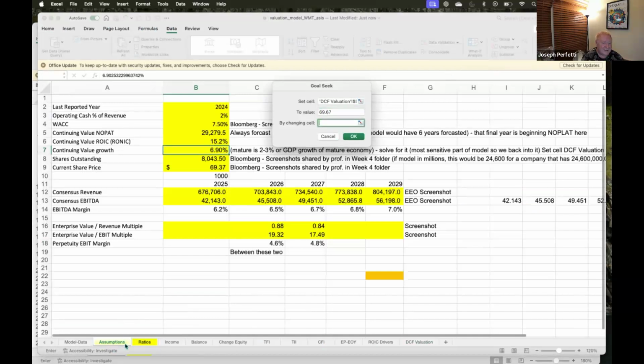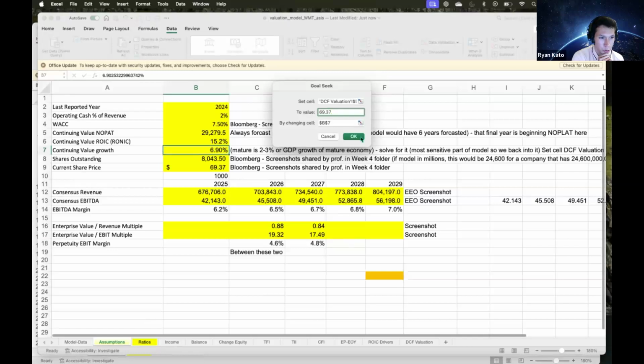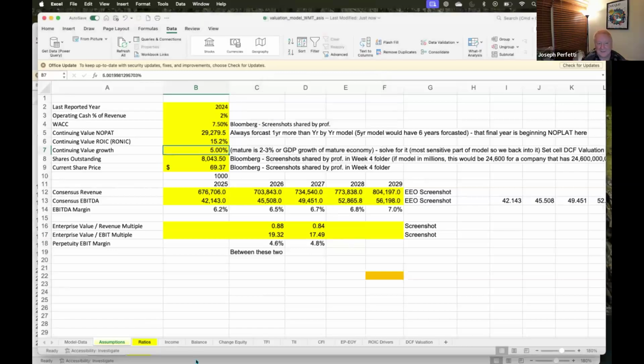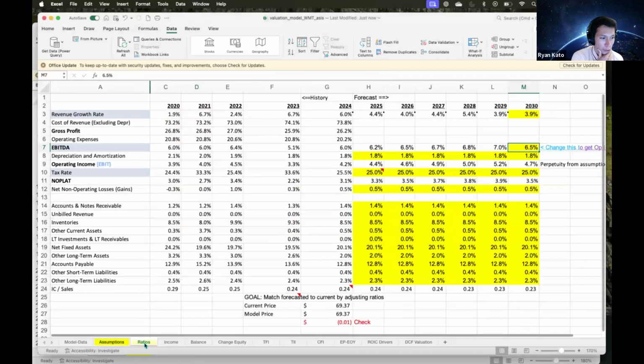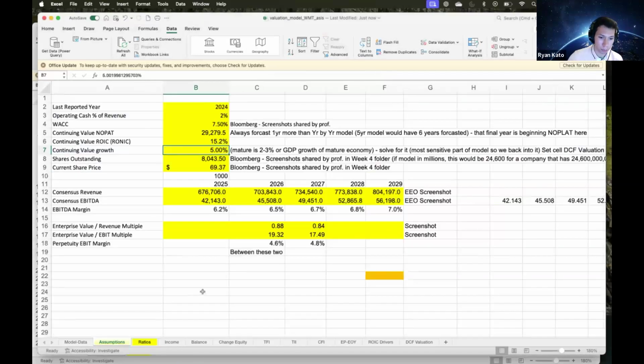Yeah, 69.37. Okay, got it. So real quick, on your two share price screenshots, you had two different share prices. Correct. One, I used the 1.9 for ours, and they also had different. The two different screenshots had different EV over EBITDA numbers in there as well.